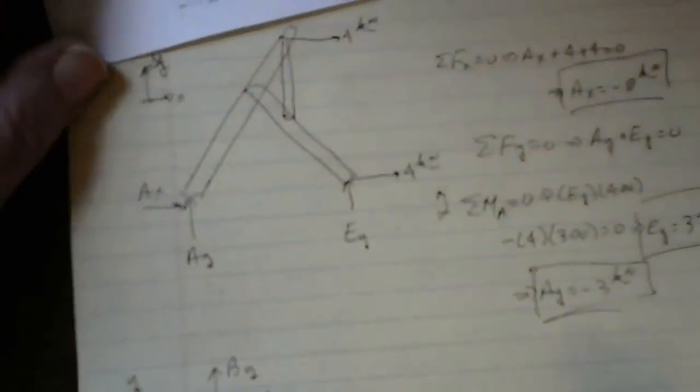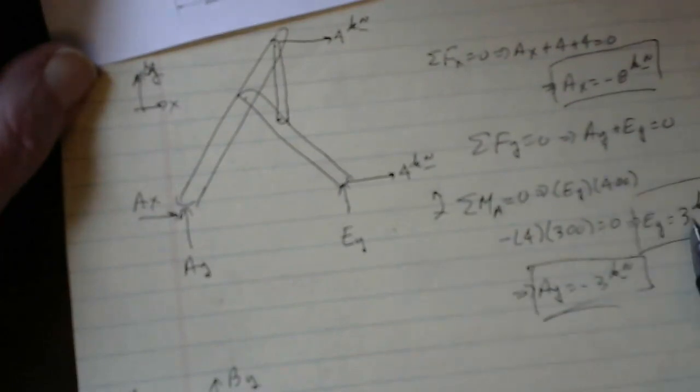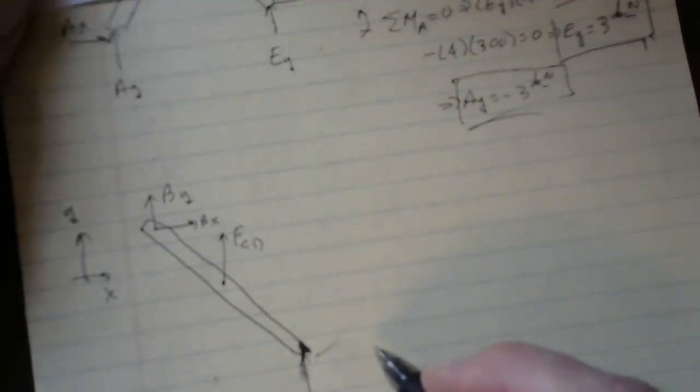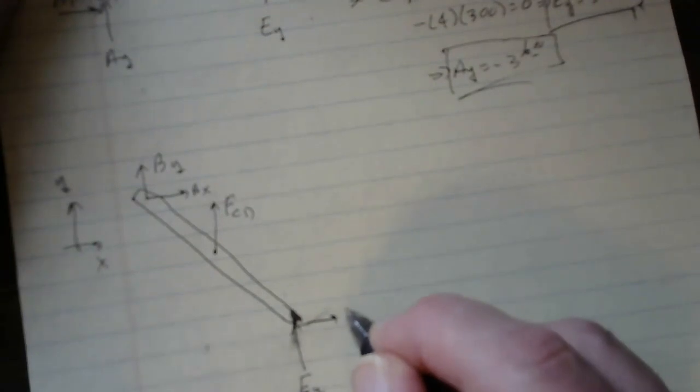All right, on my free body diagram of the entire frame, I have EY vertically upward. I solve for EY as 3. So I'm going to make sure I put EY when I take the frame apart. On this member, I'm going to have EY vertically upward, just like I have on the complete frame free body diagram. And then I've got the 4 kilonewton load that's acting like this, okay, horizontally to the right.